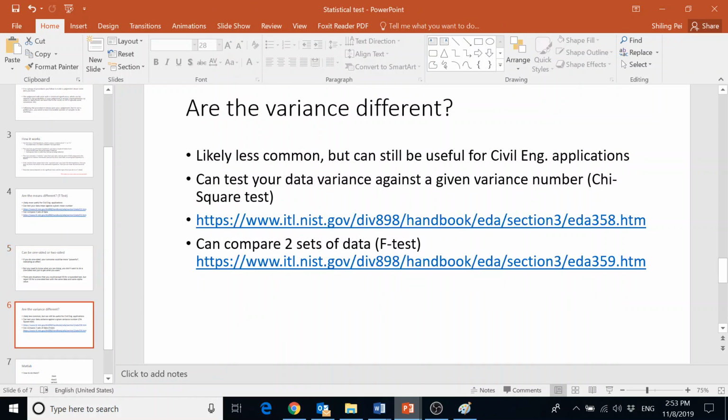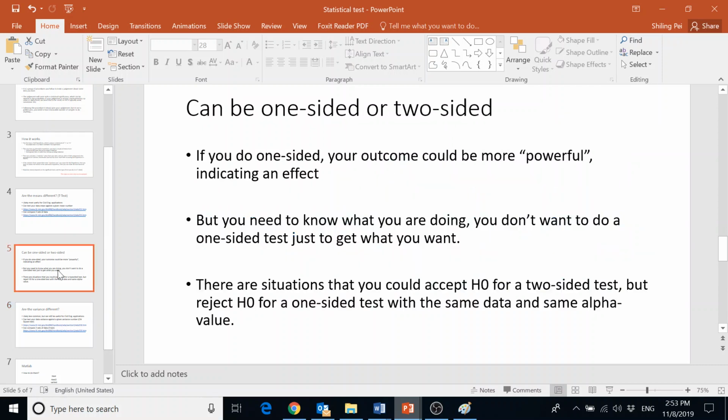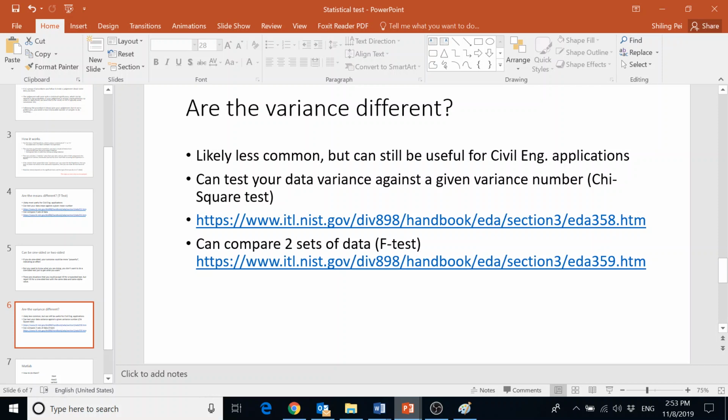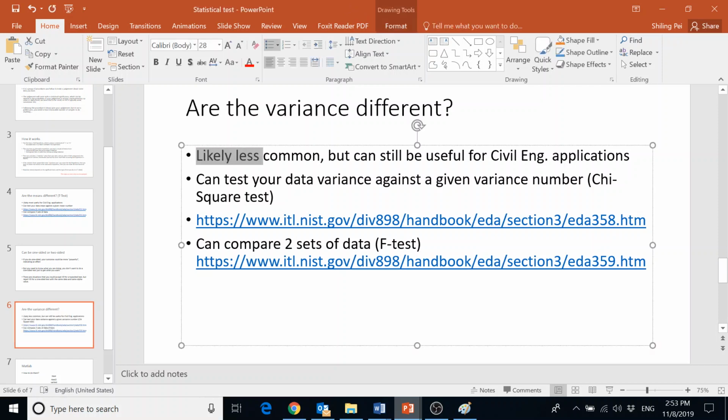There are other tests. We said that there's a mean test. There's also a variance test. It's less common but can still be useful in civil engineering applications. For example, say you have better QC on a concrete mix. You didn't change the design of your mix, so the mean of the strength should be the same. You didn't change anything, but you have better QC, quality control.